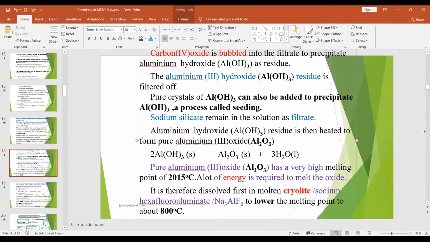Na3AlF6 is the formula. At this point, you don't ask for the formula, but in case the question asks you to write the formula of cryolite, no. We are only interested in the impurity that is added during extraction of what?